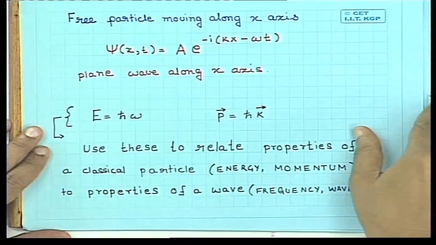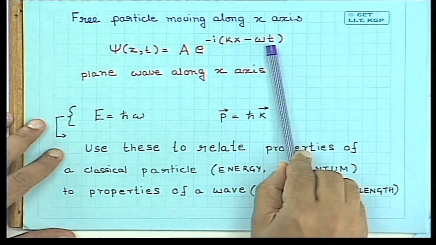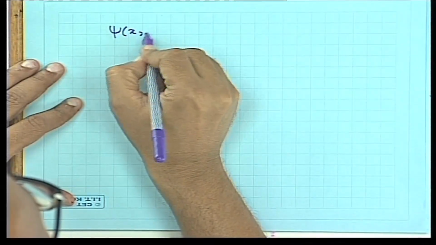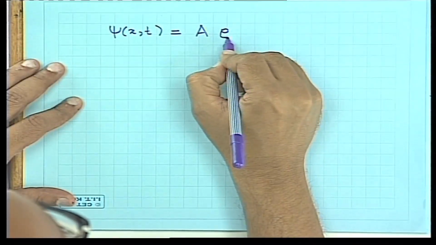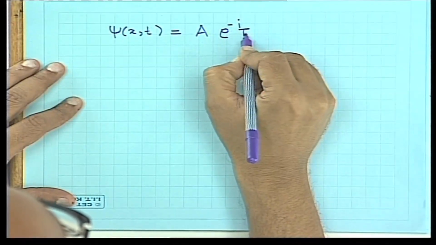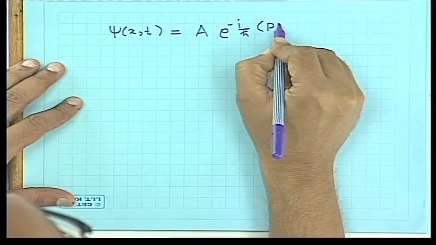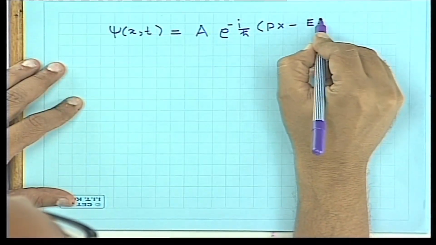Now let us go back to our original wave equation. This equation can also be written as psi(x,t) is equal to A e to the power minus i by h cross (px minus Et).